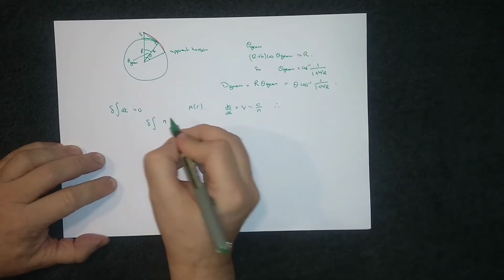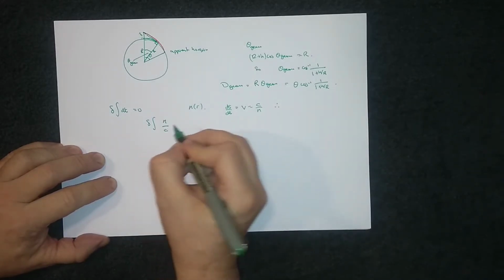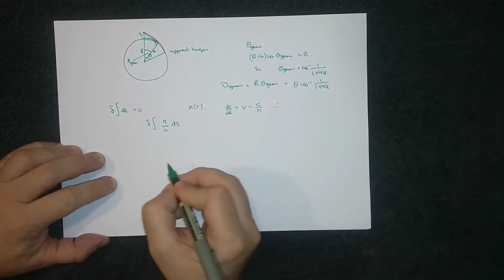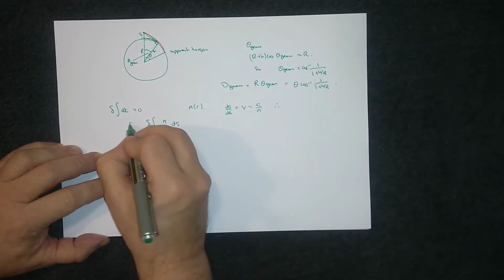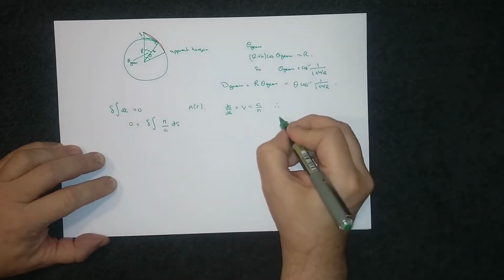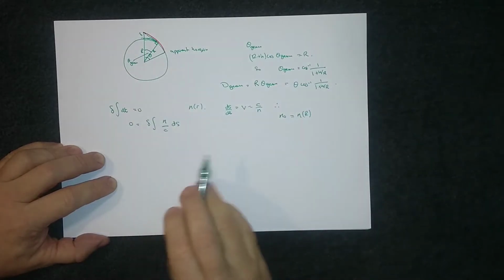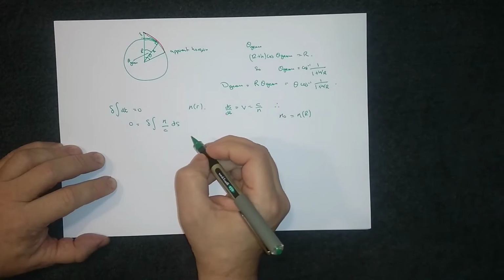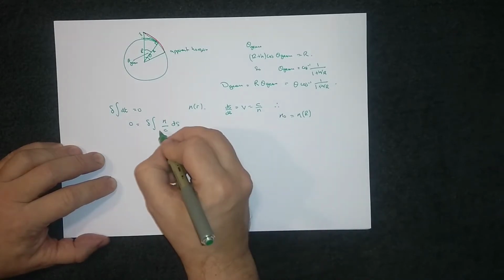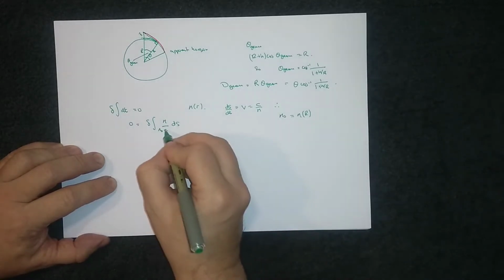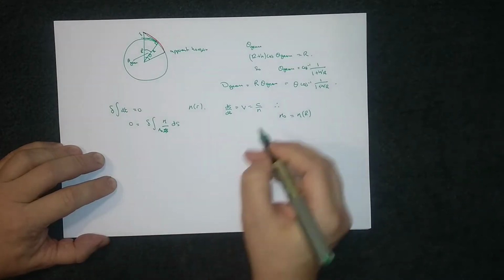This is n over c ds, which is 0. Let n naught be n of r, the refractive index at the surface. So I can divide by n naught and multiply by c.